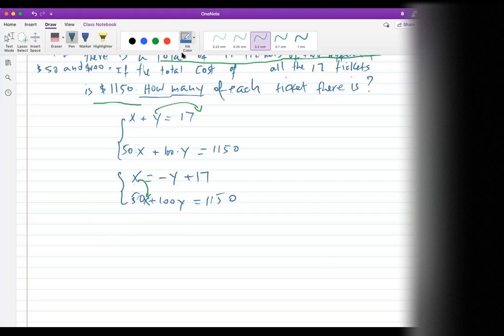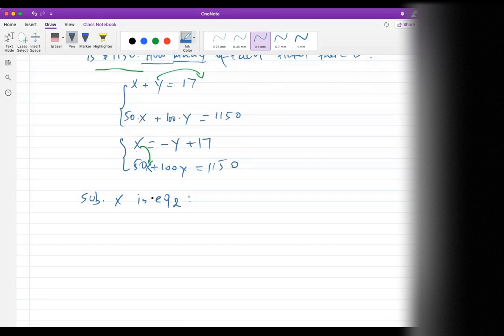So substitute x in equation 2. So you're going to get 50 times x. What is x equal to again? We replace it with this, negative y plus 17. Okay, so we did this. The rest should remain the same. So plus 100y.